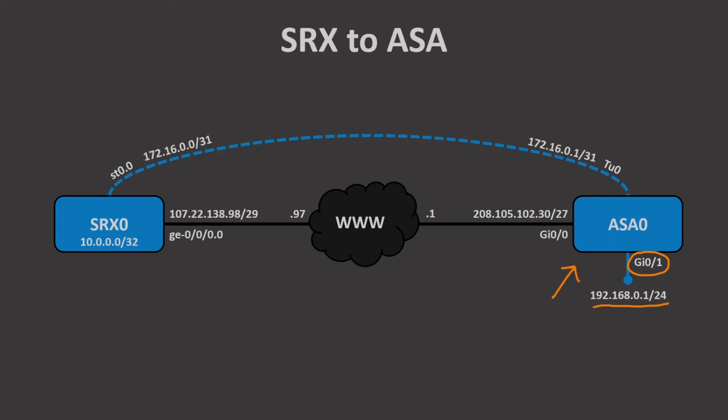And we're going to use this to advertise via BGP to SRX0, so we have a test point for reachability and connectivity. The internet interface for the ASA will be gig00, and its public IP will be the one ending in 102.30, which is a /27. Finally, its IPSec SVTI will be tunnel 0, and it'll be using the IP address 0.1 and a /31.